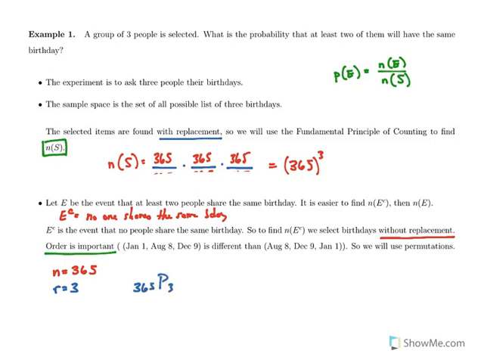365P3, which is 365 factorial over 365 minus 3 factorial, which we can write as 365 factorial over 362 factorial, which looks terrible, but we can write this as 365 times 364 times 363 times 362 factorial over 362 factorial.